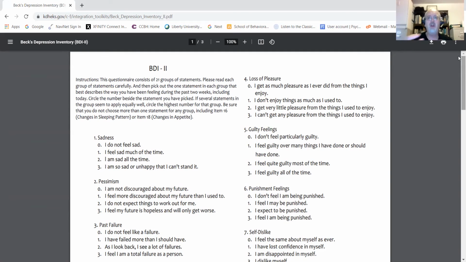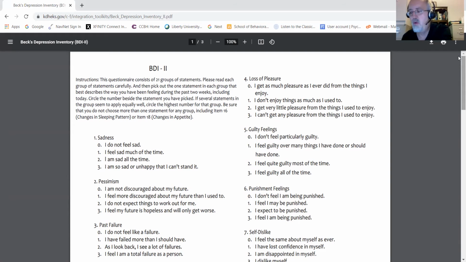Now, notice how the development of this test relates to the objective definition that we talked about earlier. How did they determine if the person was depressed? It was based on clinical diagnoses.